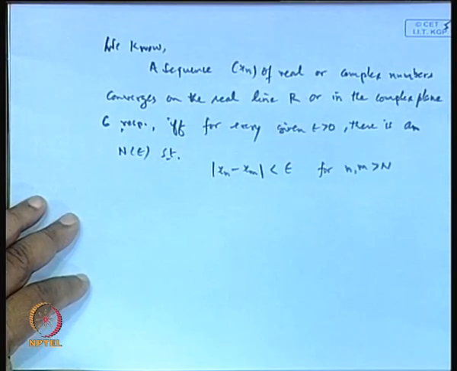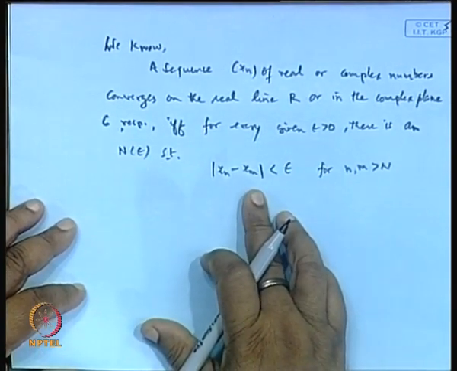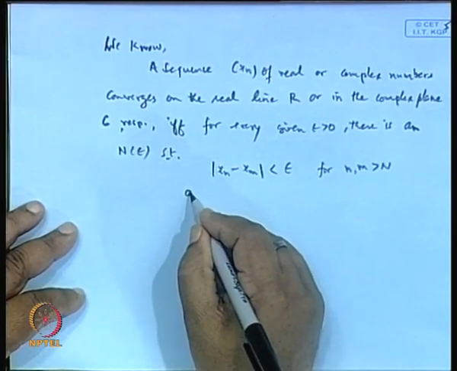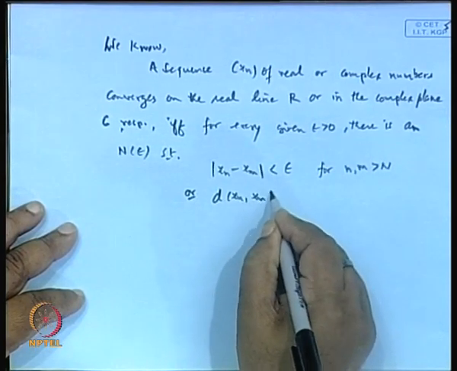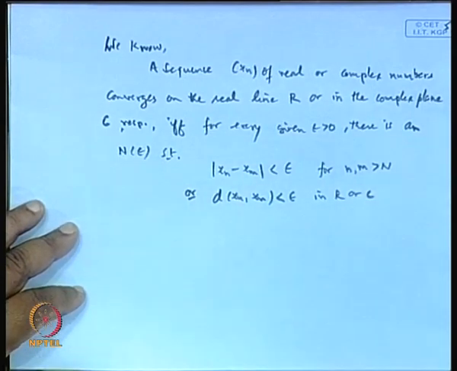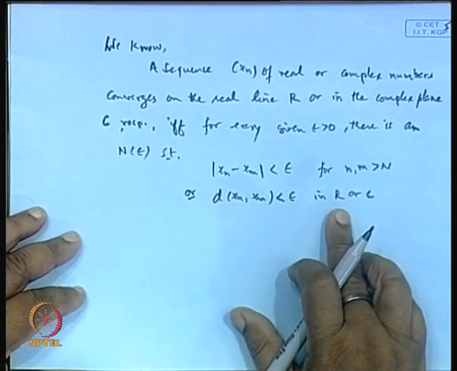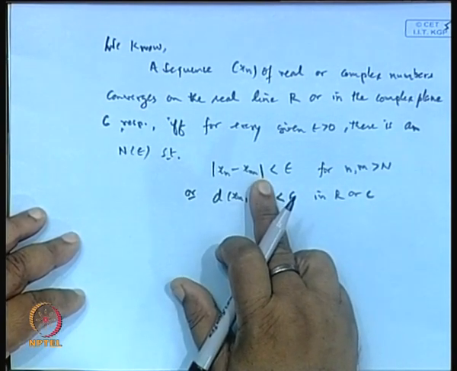Now, this mod of x n minus x m less than epsilon is equivalent to the distance between x n and x m in the real line or complex plane, because the notion of distance on the real or complex plane is defined in the usual way, mod of x n minus x m.